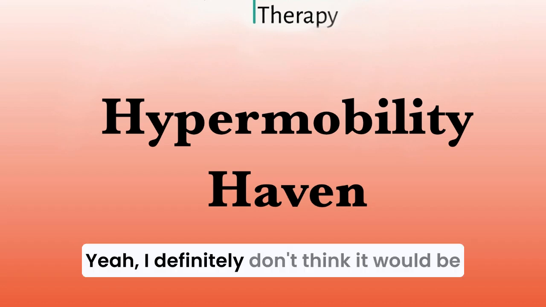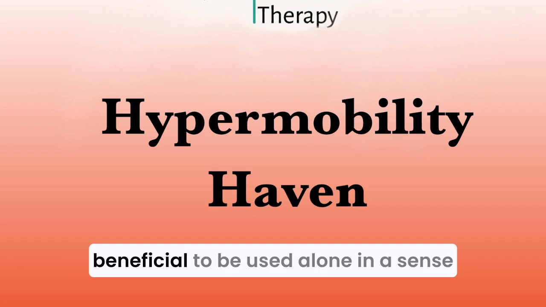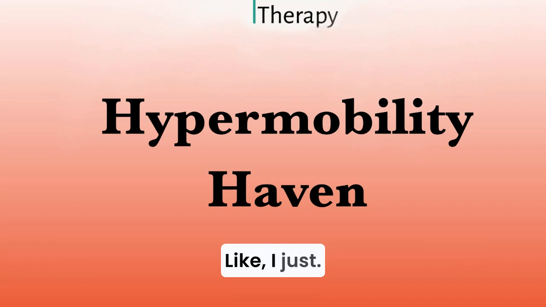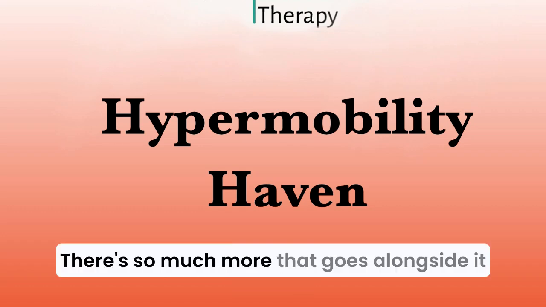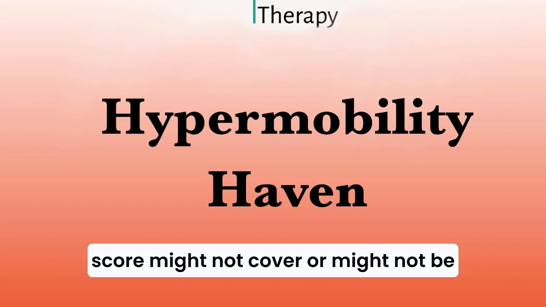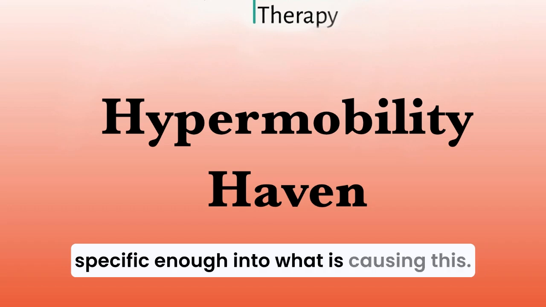Yeah, I definitely don't think it would be beneficial to be used alone, in the sense of, you scored on the Beighton score, here you go, here you have hypermobility. There's so much more that goes alongside it, and so many different areas that the Beighton score might not cover or might not be specific enough about what is causing this.